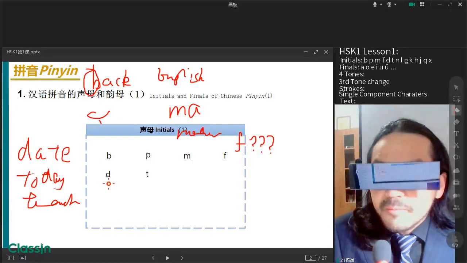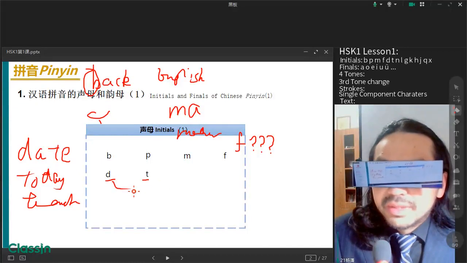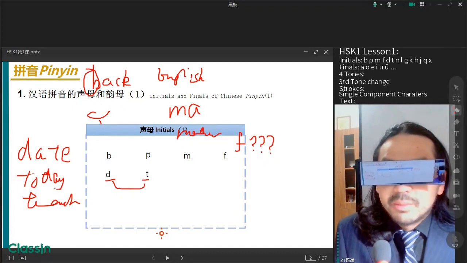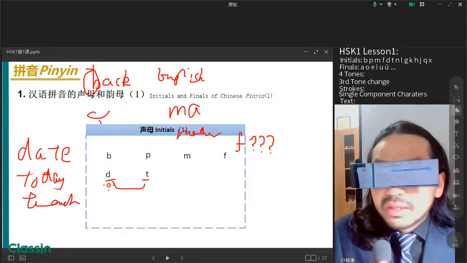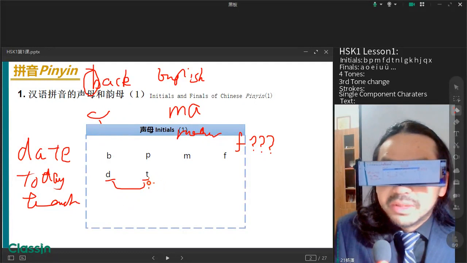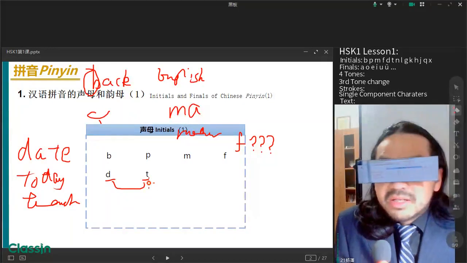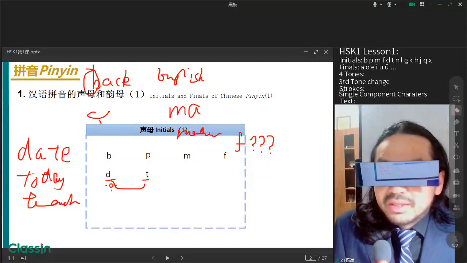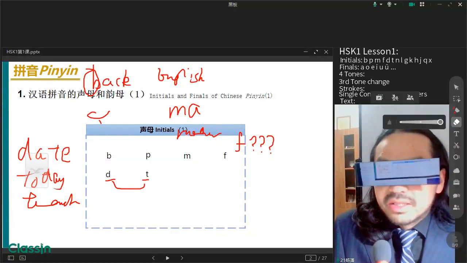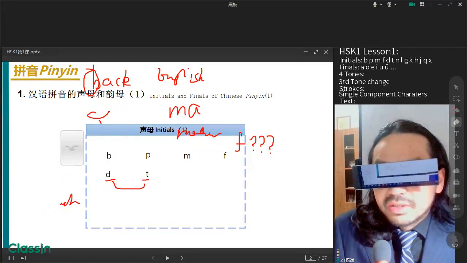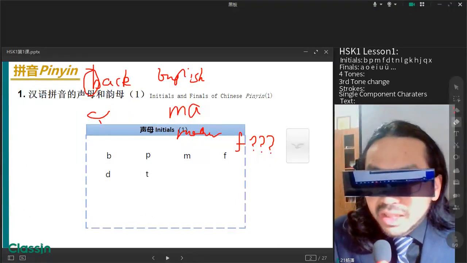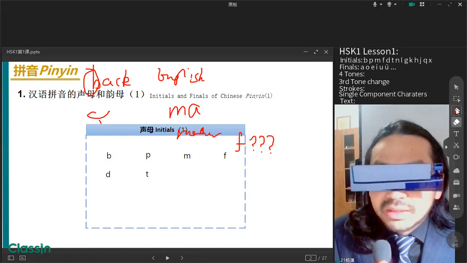Here you need to really separate these two, because in some languages the d and t seem to be pronounced very similarly. But in Chinese, it distinguishes them as in English. It is totally different. 的 and 特.